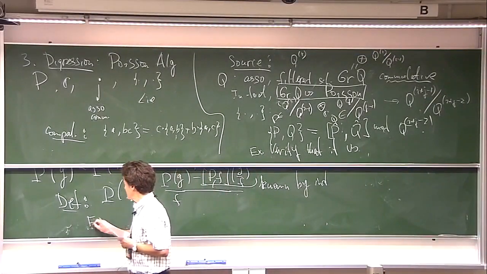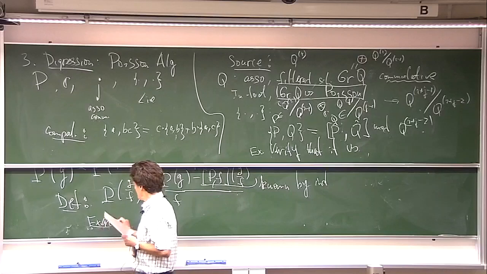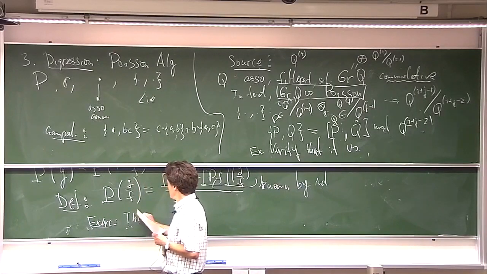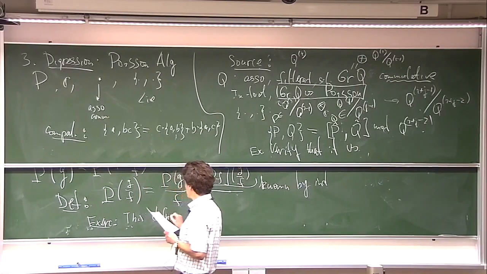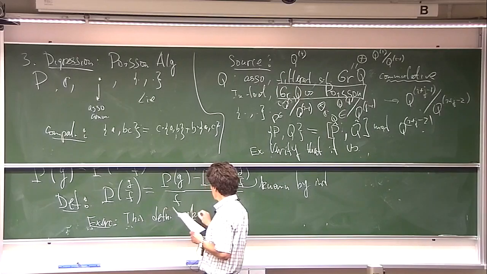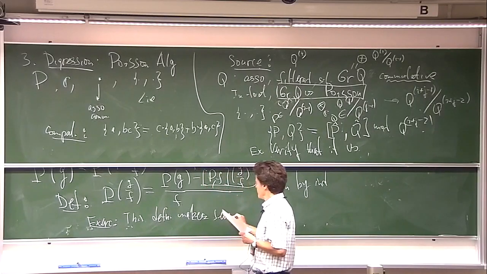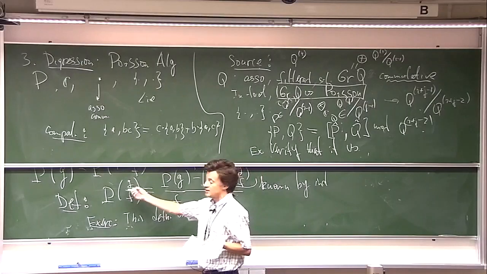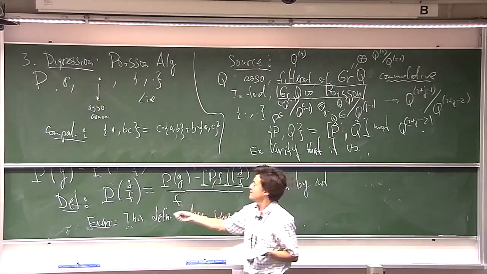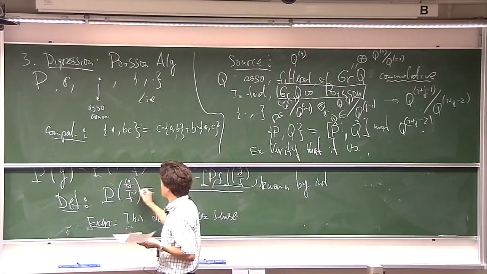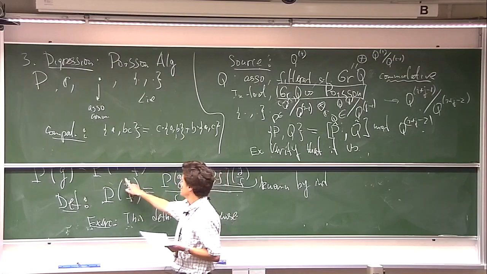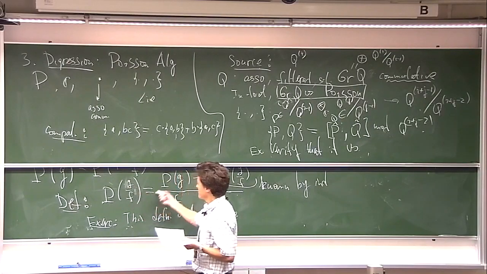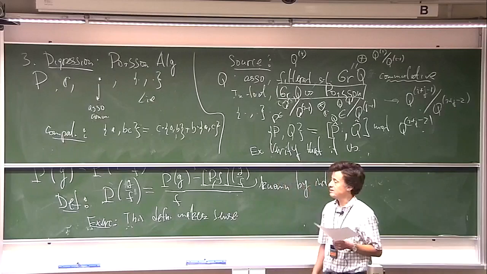So an exercise would be to show that this definition makes sense. I mean, this presentation is not unique. You can write, I don't know, g f squared or something like this. So you have to convince yourself that this really does make sense.